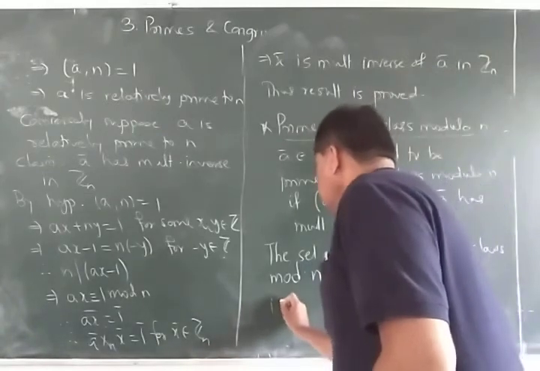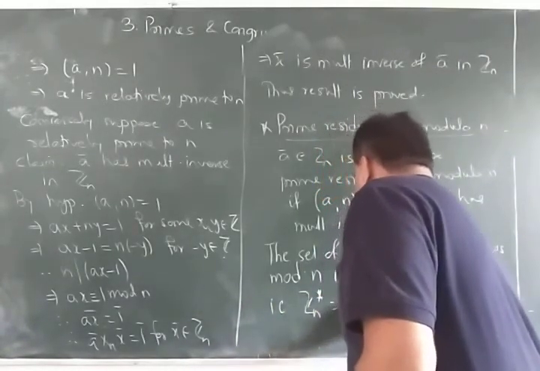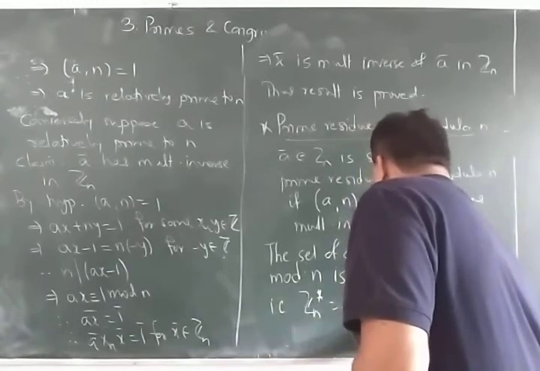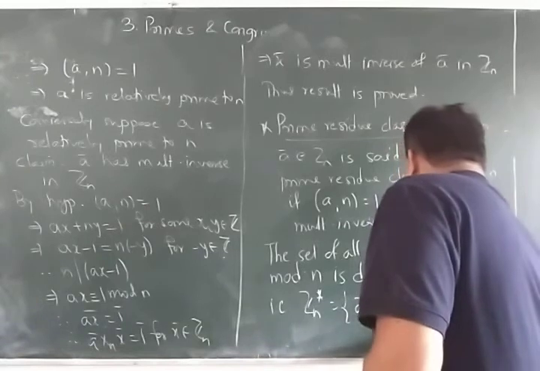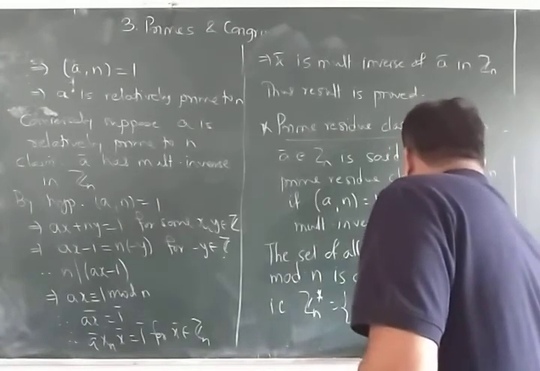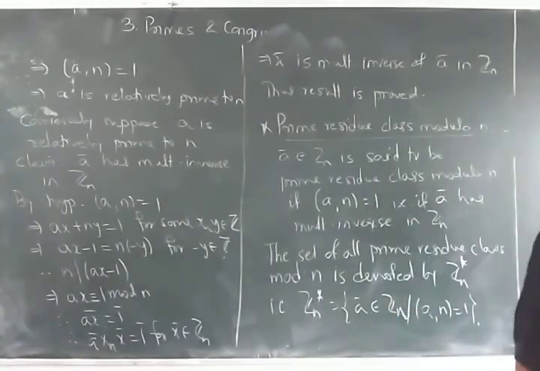That is, Zn star is equal to the set of A bar belonging to Zn such that GCD of A with n is equal to 1.